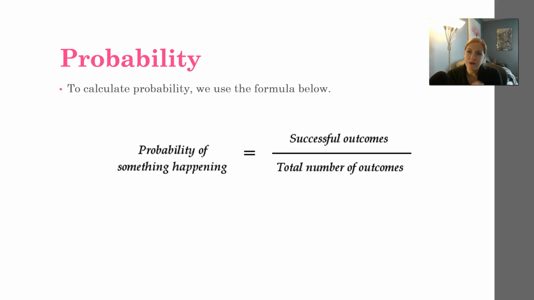So how do we calculate what the probability is? Well, the probability of something happening is the number of successful outcomes, or the number of ways that event can occur, over the total number of outcomes, or the total number of possibilities in that experiment.